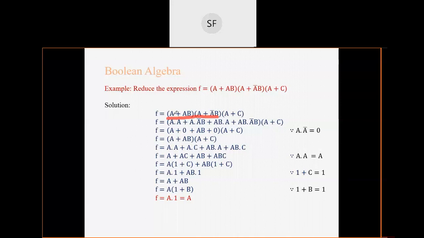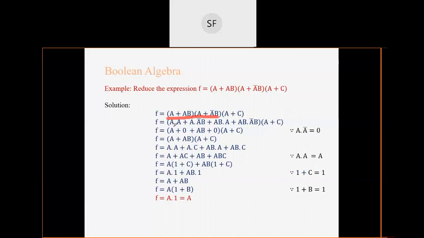So a dot a, then a dot a bar b, then a dot a bar b, then ab dot a and ab dot a bar b. I have just expanded and multiplied these two brackets, and this third bracket I have kept as it is, a plus c.